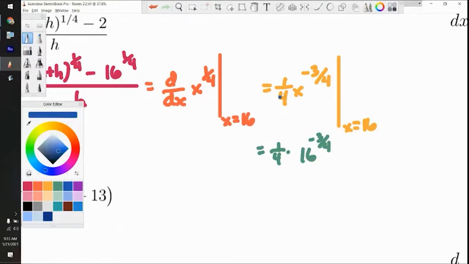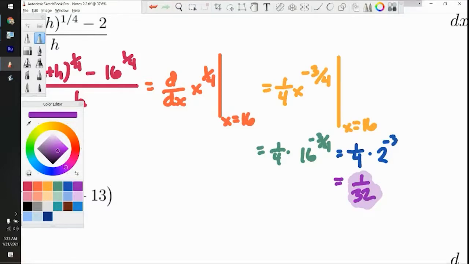I'm going to do the 16 part first. So 16 to the 1/4 power is 2. So I'm just going to rewrite this. This is just a little algebra review here. Times 2 to the negative 3rd. Well, that's 1/8. So 1/8 times 1/4 is 1/32. And that's your final answer for that one.